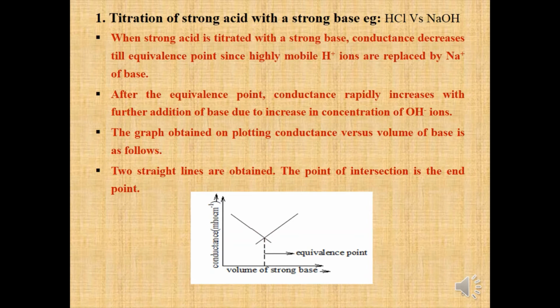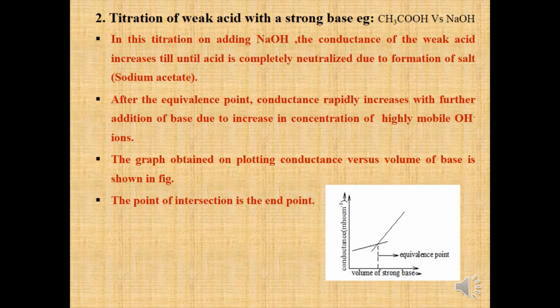The second type of conductometric titration is the titration of weak acid with a strong base. Example is acetic acid versus sodium hydroxide. In this titration, on adding sodium hydroxide, the conductance of the weak acid increases until the acid is completely neutralized, due to the formation of salt sodium acetate. After the equivalence point, conductance rises sharply with further addition of base due to the concentration of highly mobile OH minus ion.